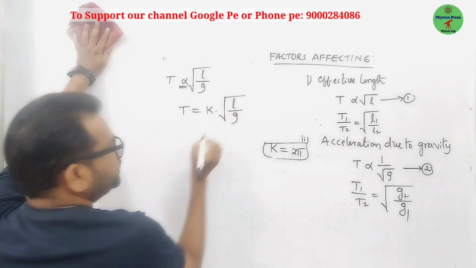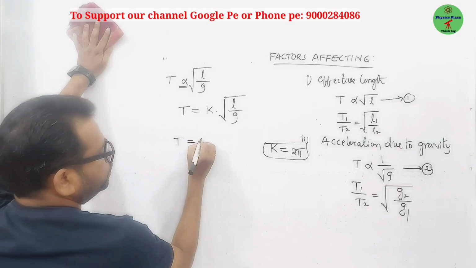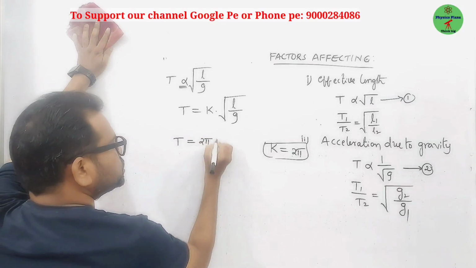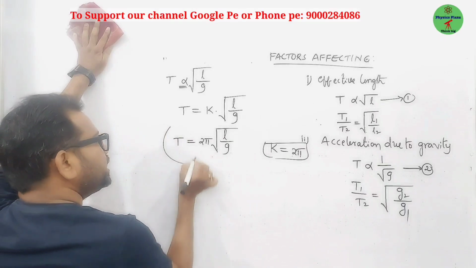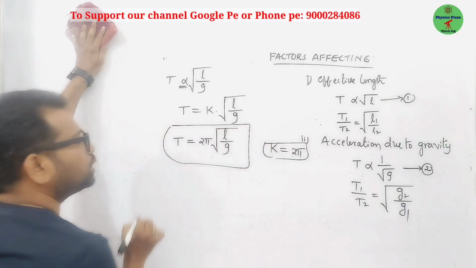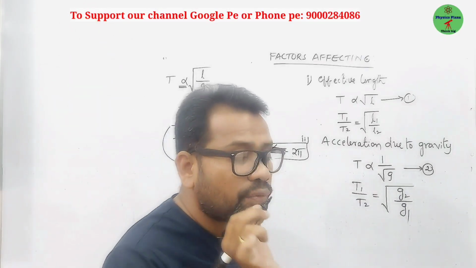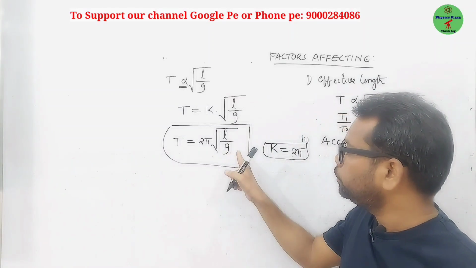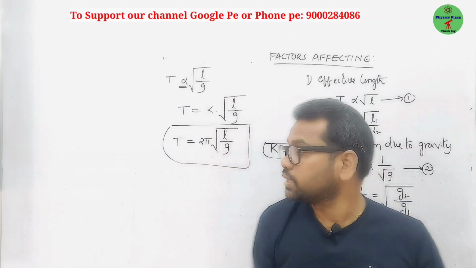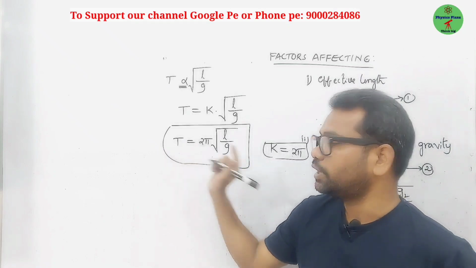Now let us substitute: T is equal to 2 pi into square root of L by G. So children, this is the final expression to calculate the time period of a given simple pendulum. If you know the length of the pendulum and the G value of that particular place, you can substitute and you will get the T value.